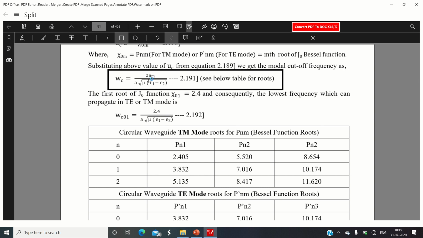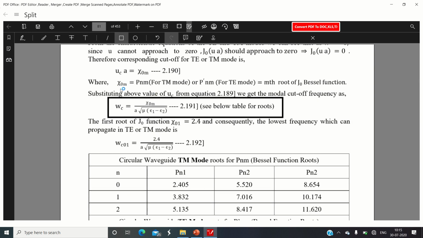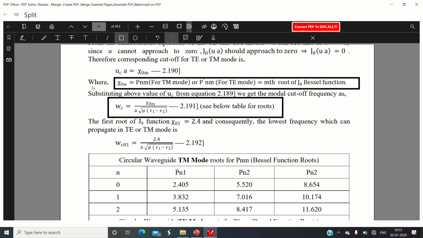Okay, and what is chi 0 m? The chi 0 m value over here represents the root value for the Bessel function. So this is very important over here. The chi 0 m value represents the root value for the Bessel function, and it is denoted separately for the TM mode and for the TE mode.